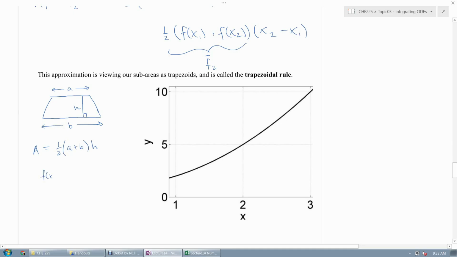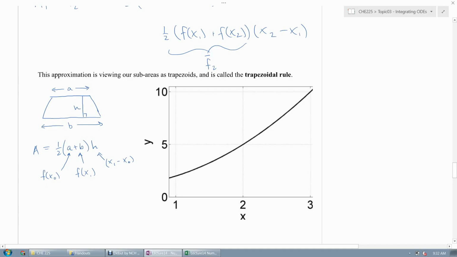Now for this average between A and B, we have f of x0 being A, and f of x1 being B, and the height is x1 minus x0, or our delta x. Now you might think, well, wait, why is the height a delta in our horizontal distance?